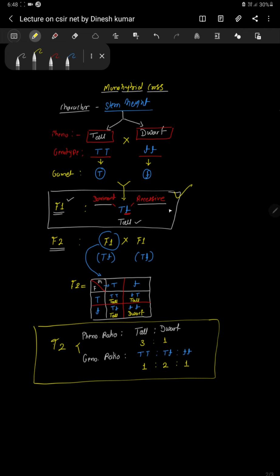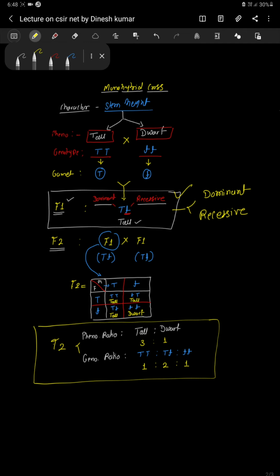From the F1 generation we come to know which characteristics are dominant and which are recessive. So for the determination of dominant and recessive characters, we look at the F1 generation.